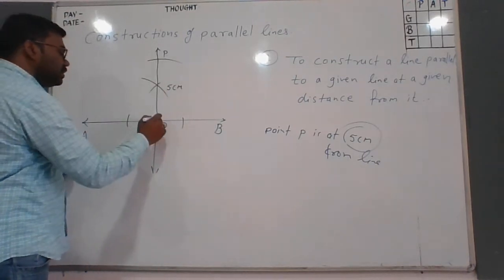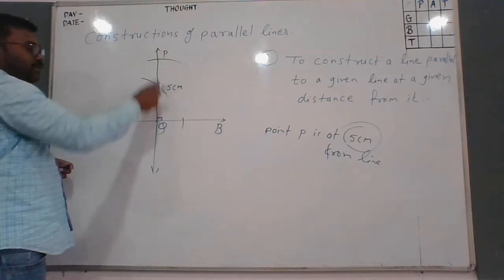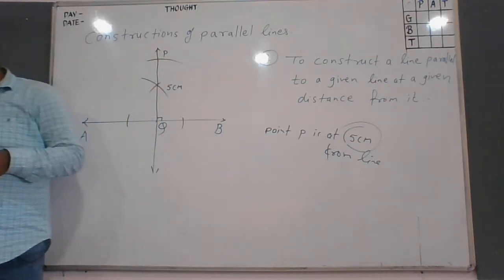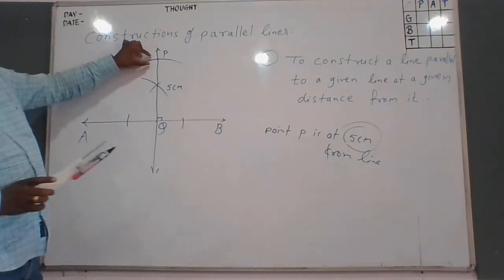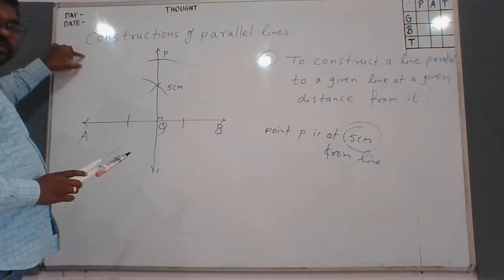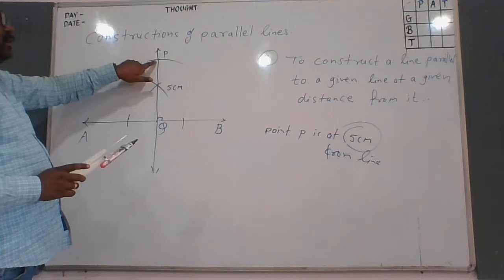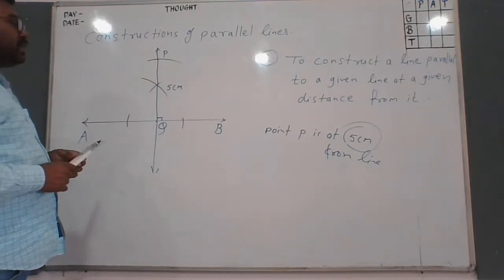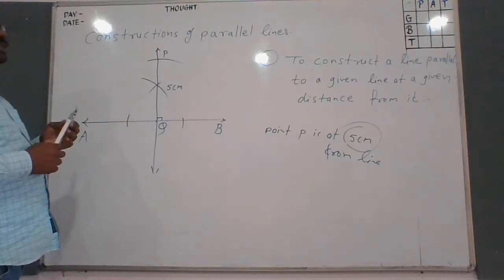This PQ distance is 5 centimeter. We have drawn the perpendicular. Okay. Now, again, we will draw the perpendicular horizontally like this. From the point P, again we will construct a perpendicular here, or we can construct an angle of 90 degree.